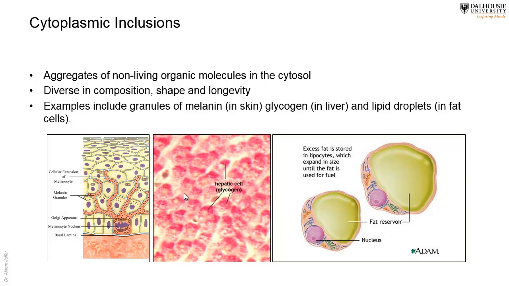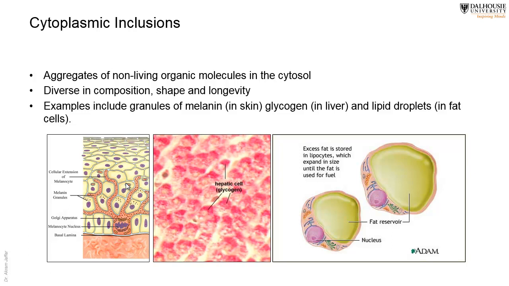I will give you examples. For example, cytoplasmic inclusions include the melanin granules, which are present in the cells of the skin. You can see here, this is the melanocyte in the skin. We are going to study the integumentary system, or the skin, maybe next week. The melanin is produced by these melanocytes as granules, and these granules will be taken by the surrounding epithelial cells, and this melanin is responsible for the coloration of the skin.